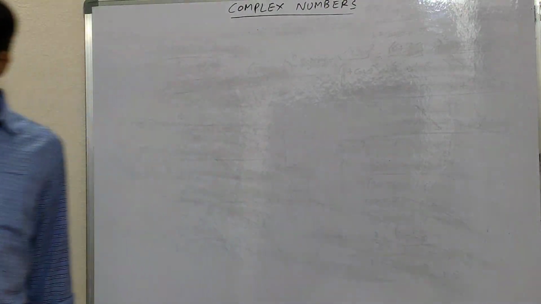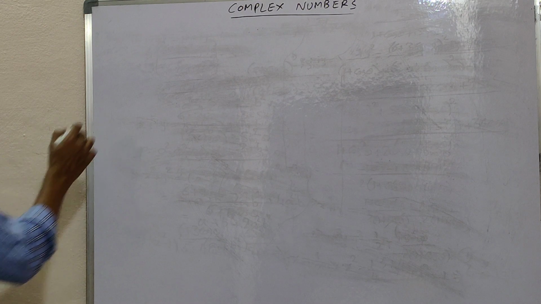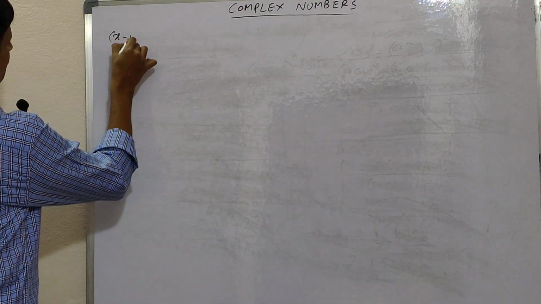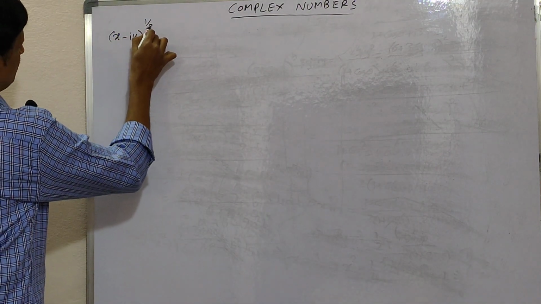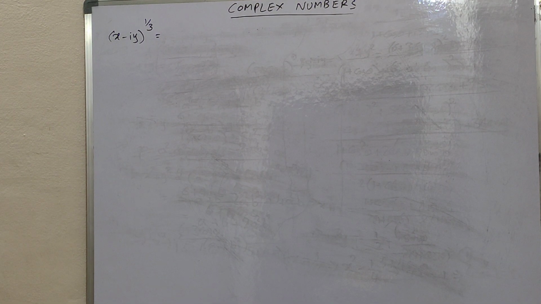Now the next one is: x minus iy whole power 1 by 3 is equal to a minus ib.